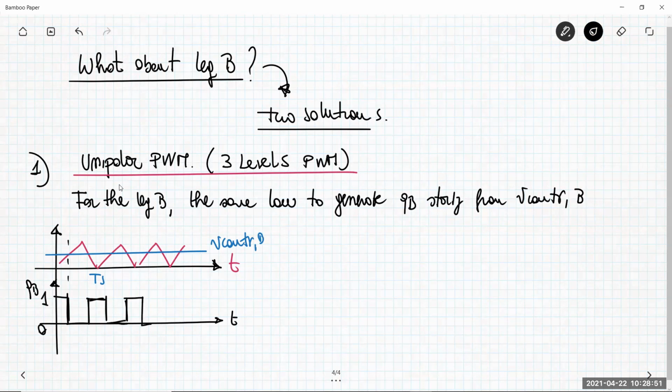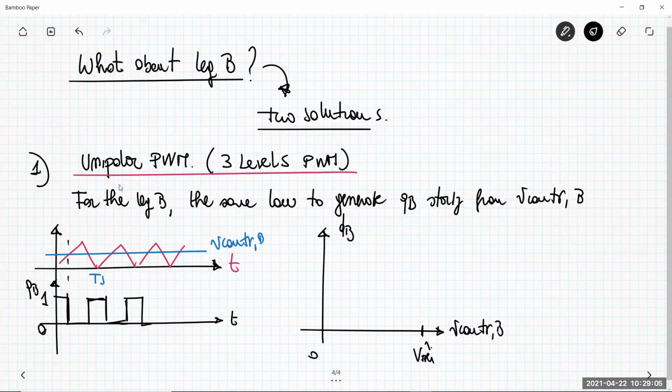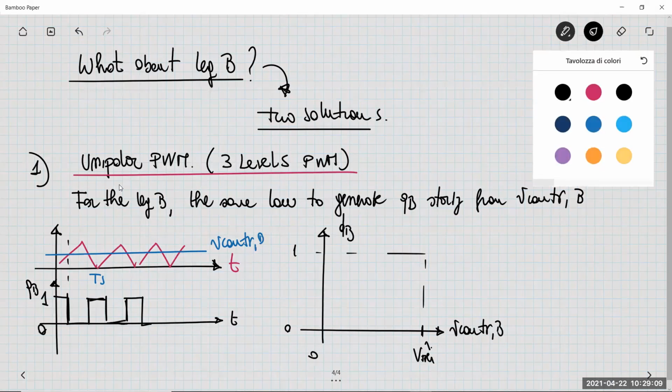So what does it mean? That you can have the same transfer function. The duty cycle dB versus V control B is basically the same as before.